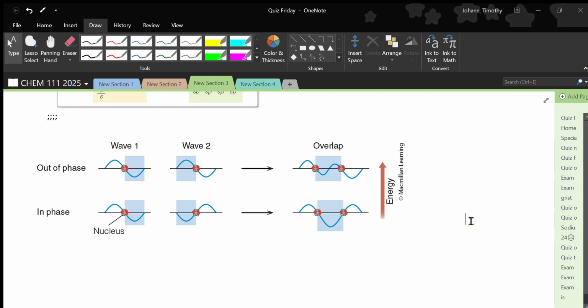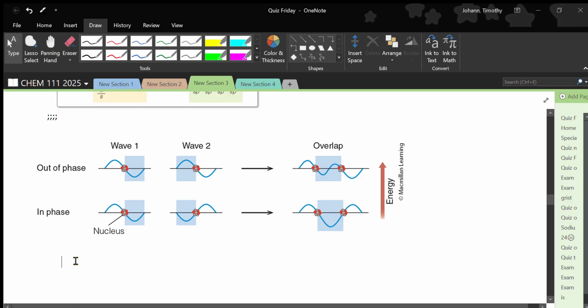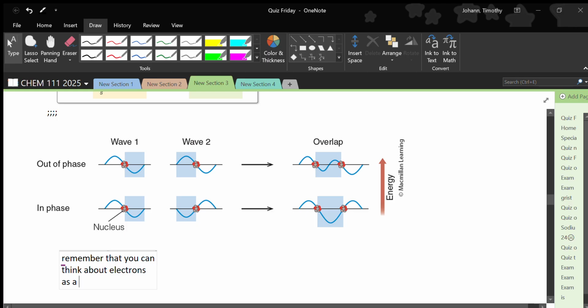So let's think about electrons. Remember that electrons can be a wave or a particle. And so really anything can be a wave and a particle.